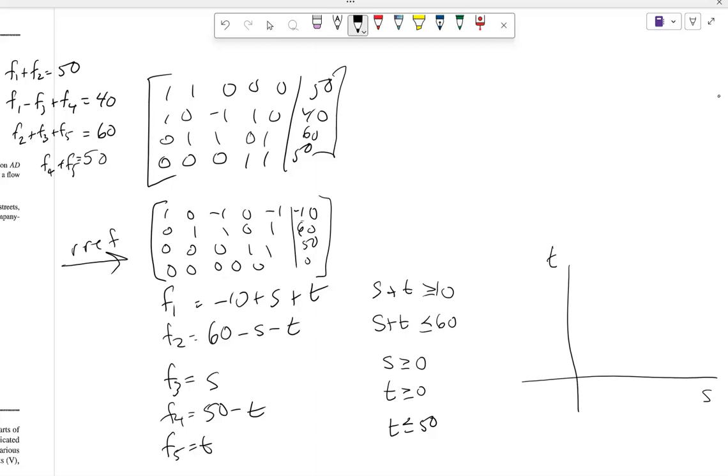S plus T has to be greater than 10, so T is greater than 10 minus S. Good grief, I can't talk today. 10, 10. I'd have the same thing for less than or equal to 60, so you'd have another line this way.